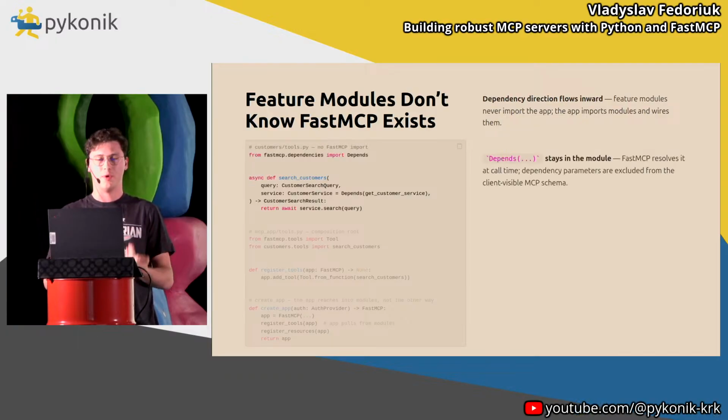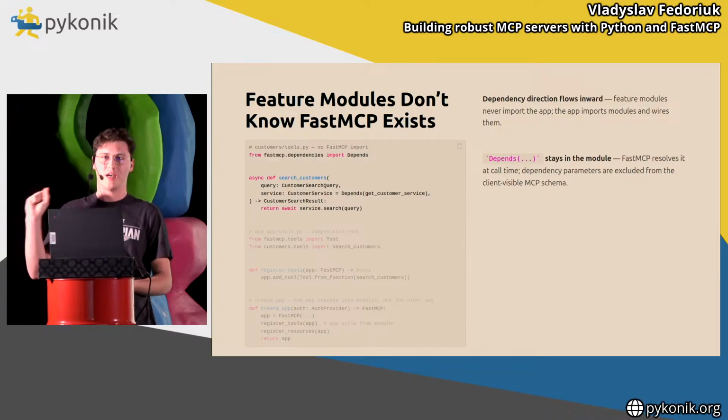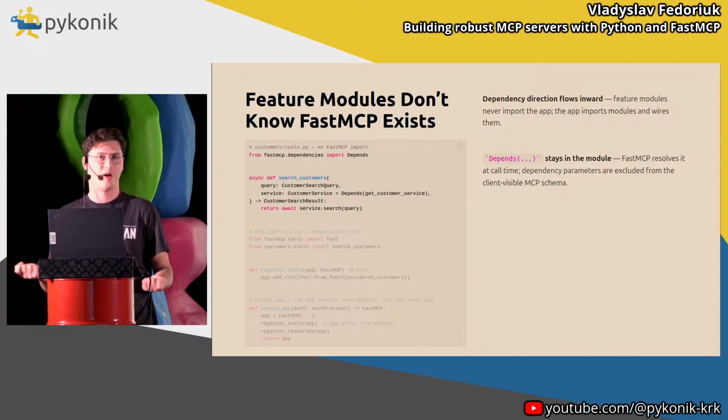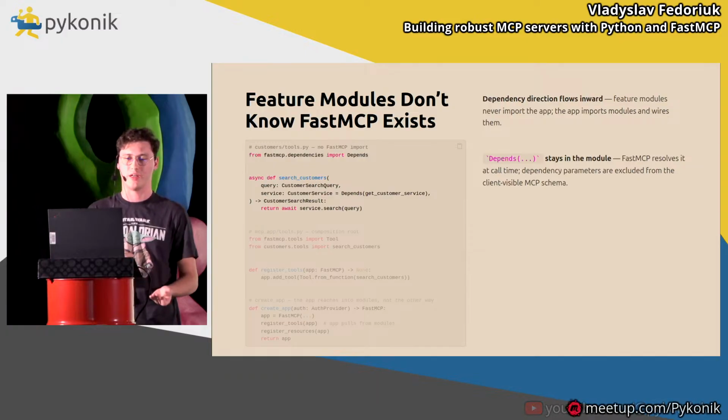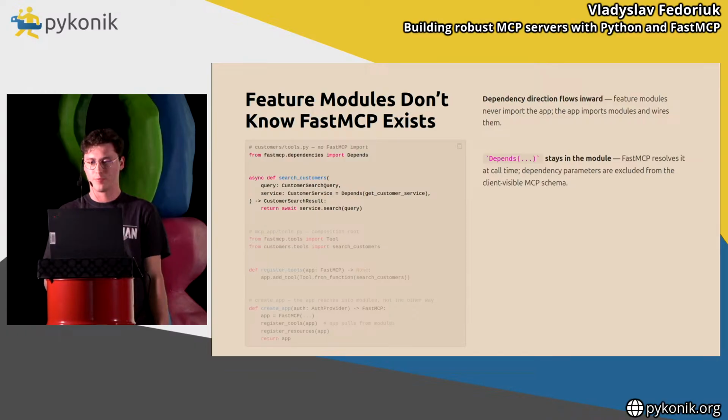If you have different modules, each module would declare tools or any resources, and the app itself would be responsible for going into those modules, picking up the resources, and registering them. Each module doesn't need to know about some app factory or application even existing. All they need to do is declare functions. They can use Depends for dependency injection, and the app would take care of registering the tools.